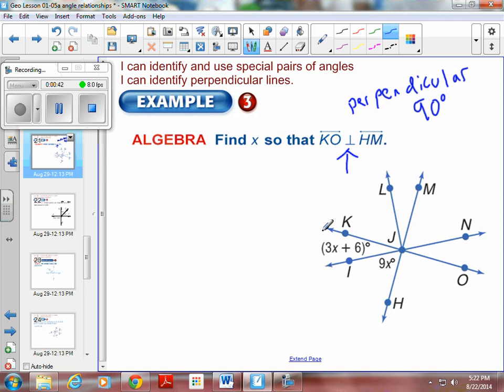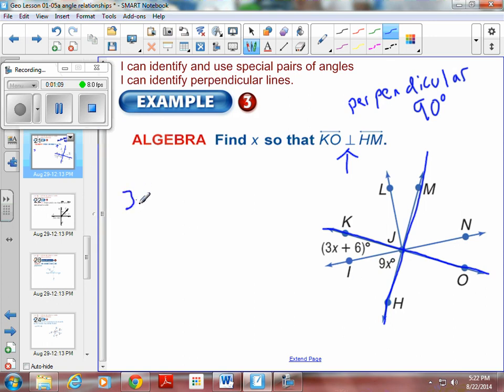So KO from here all the way over there, and HM through H up through M have to make 90 degrees. So we know that this part right here is 90 degrees. Since that part's 90 degrees, we know that this KJI, this 3x plus 6, added to this IJH, this 9x, makes 90. So I can just write that.